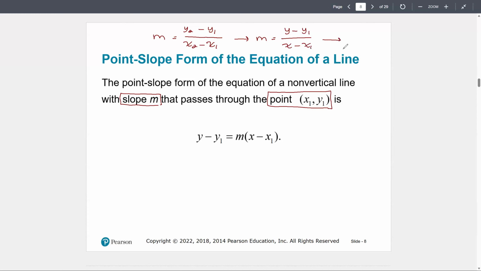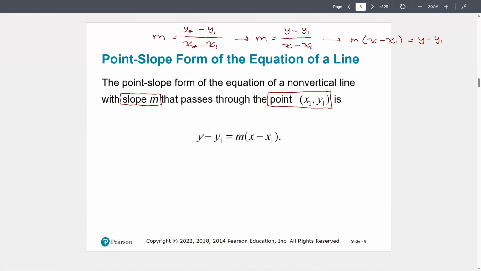If we multiply both sides by x minus x1, we'd end up with m, x minus x1 equals y minus y1. So you see, same formula, just switched. It comes from that slope formula. It's just that one set of points is going to be variables and the other set is going to be constants. We know what those points are going to be.